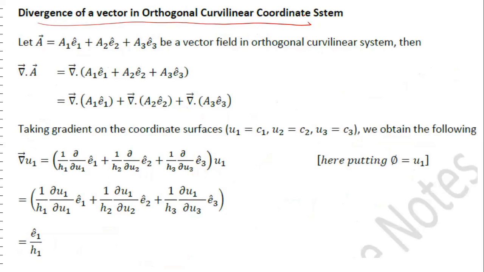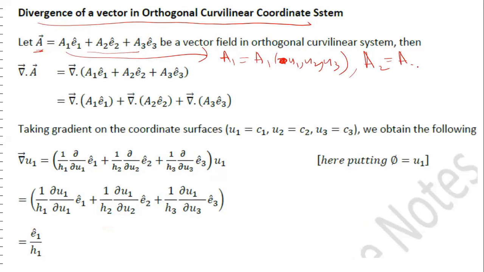So let us consider a certain vector A in orthogonal curvilinear system, which you can express like this. Here, A1 can be a function of the coordinate variables u1, u2, u3, and A2 can be a function of u1, u2, u3, and A3 can be a function of u1, u2, u3.